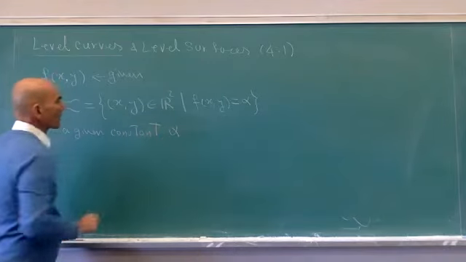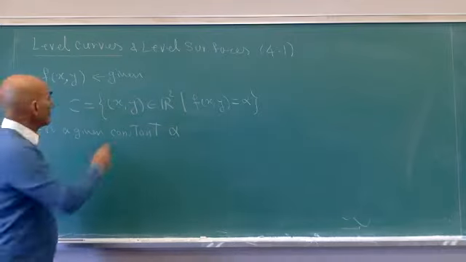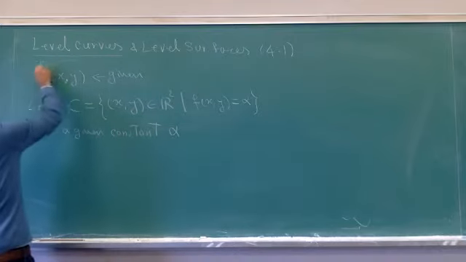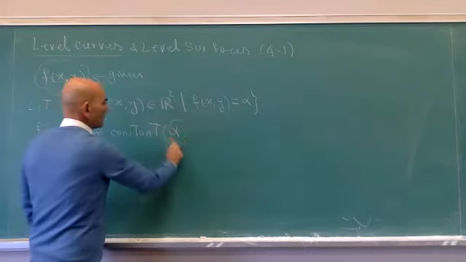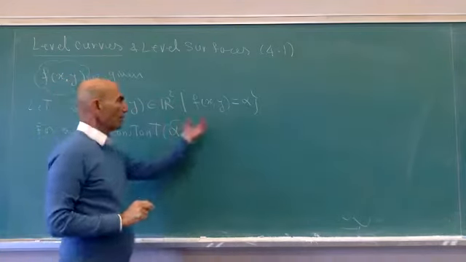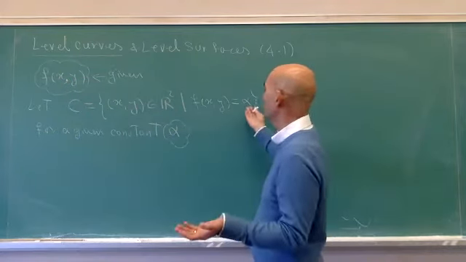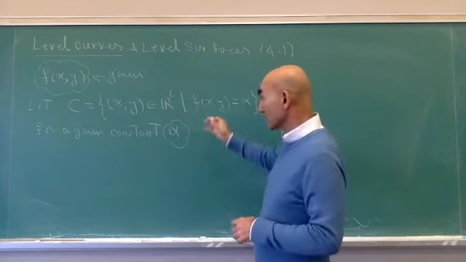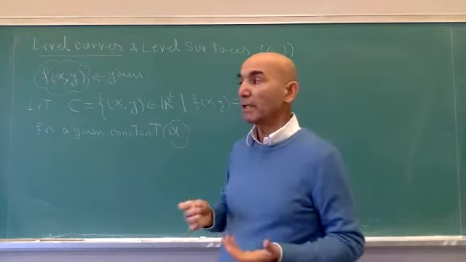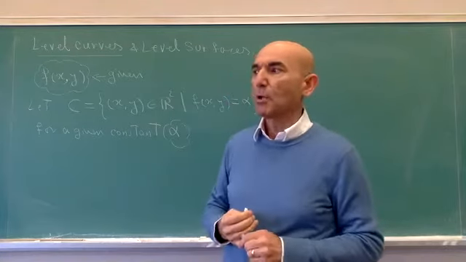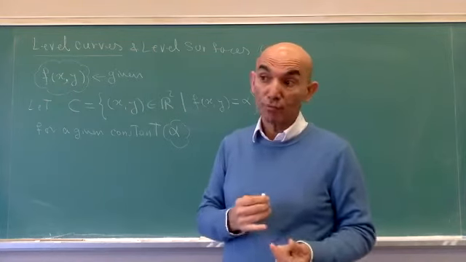Okay, so you notice that two things are given. First of all, this function is given, and this value is given. And we are looking for the set of solutions of this equation, f of x, y equal to alpha. Now, this is called a level curve because generically it's going to be a curve, but it could be an empty set, a point, or a bunch of points.